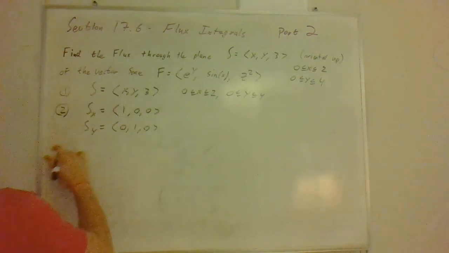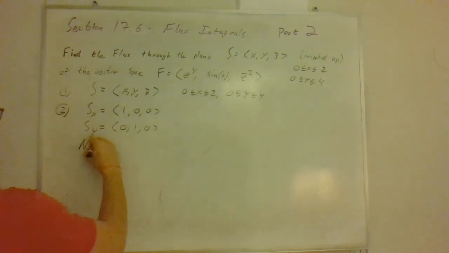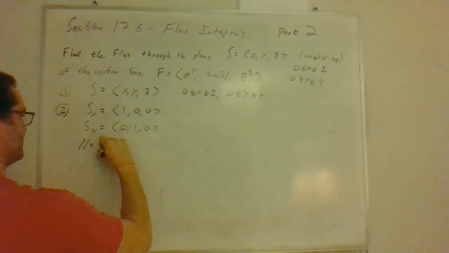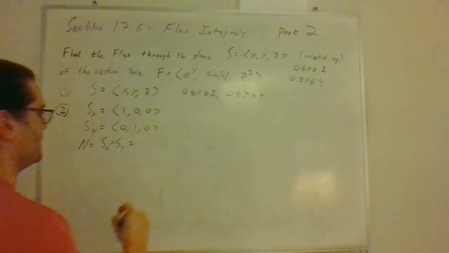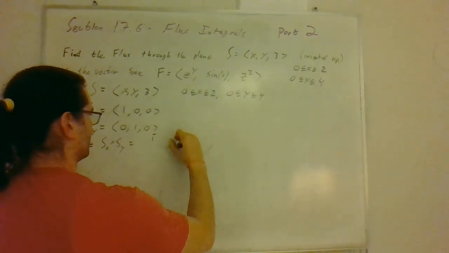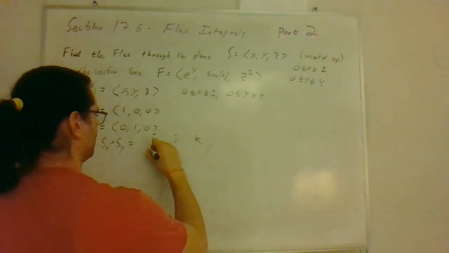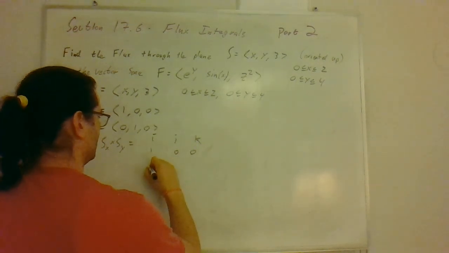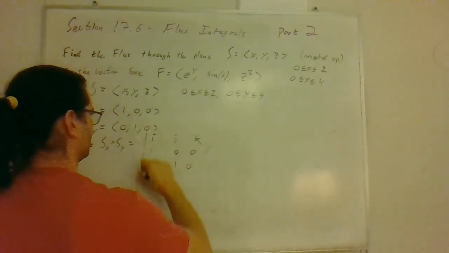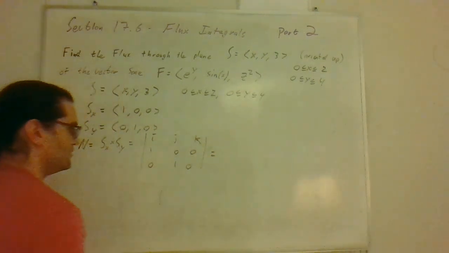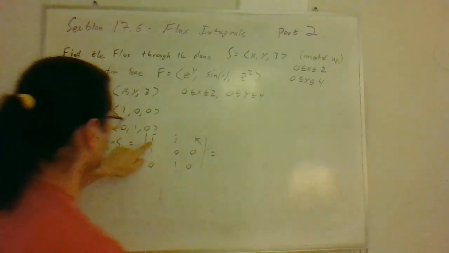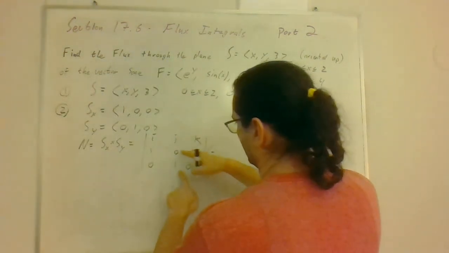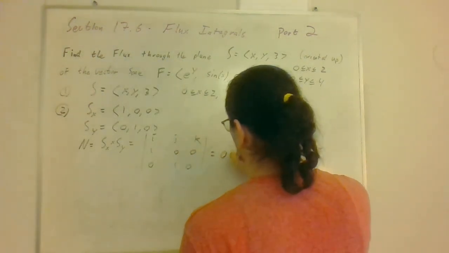I need to get my normal vector. I need the cross product of these two partials. So s_x cross s_y will give me i, j, k, 1, 0, 0, 0, 1, 0. The determinant of this: when I expand along i, I get 0 minus 0, so 0i.